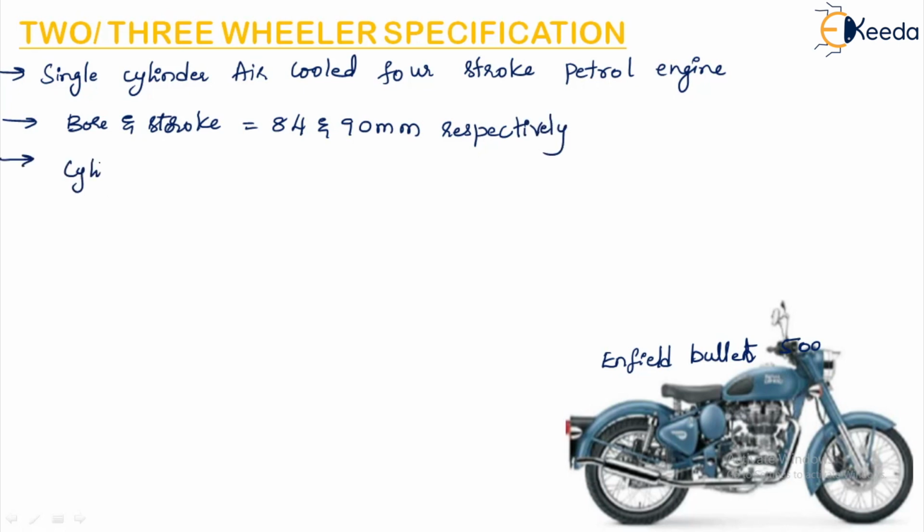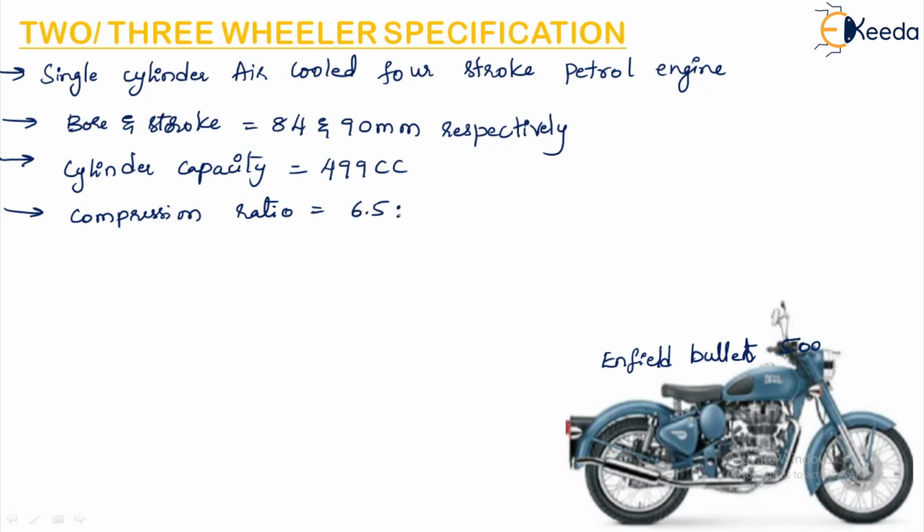Then the cylinder capacity. The cylinder capacity is 499 cubic centimeter, but in the Hero Honda Splendor it was only 100 cubic centimeter. The compression ratio required here is less when compared to the Hero Honda Splendor, that is 6.5 is to 1.